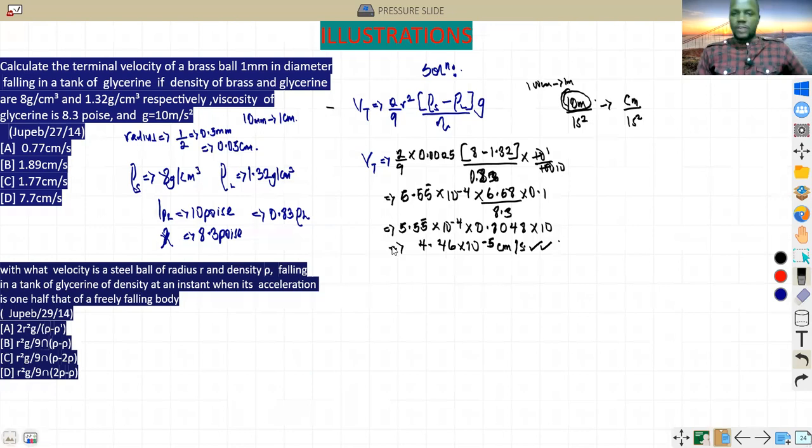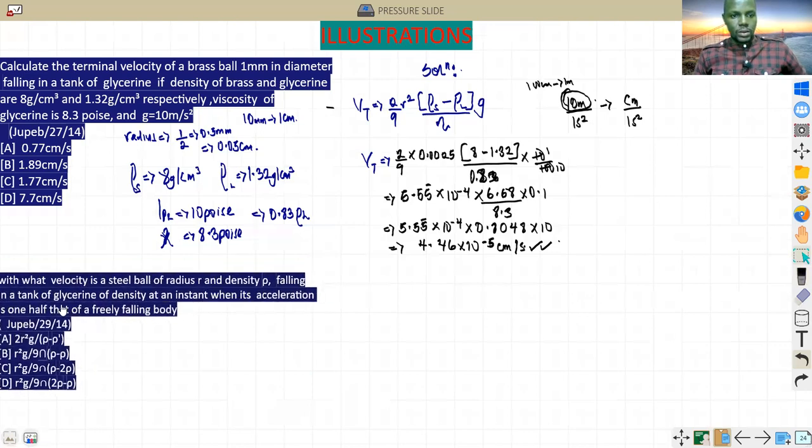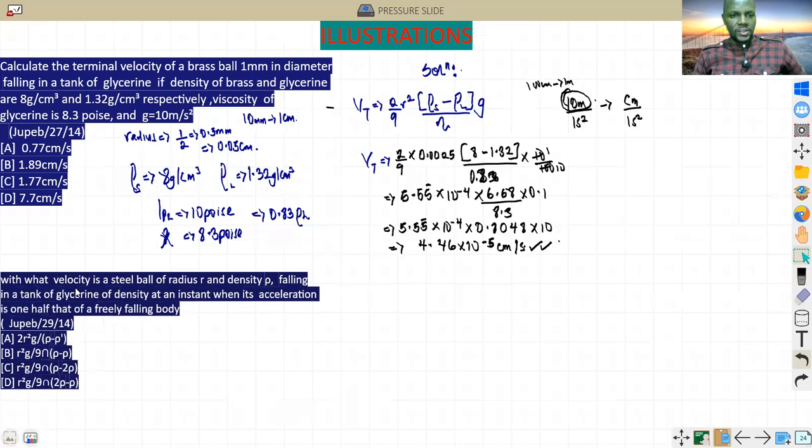So let's do the last question here. The last one is: with what velocity is a steel ball of radius r and density rho falling in a tank of glycerin, again of density, at an instant when the acceleration is 1/2 that of free fall?